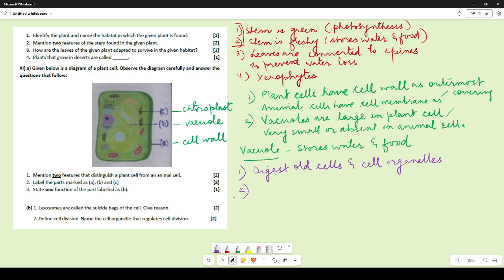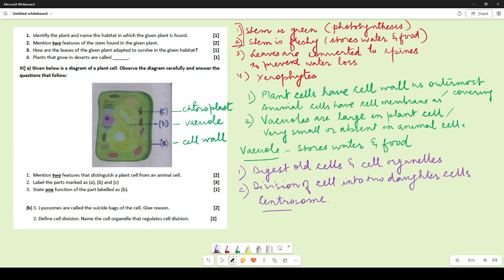Now for the very last question, define cell division. Division of cell into two daughter cells is called cell division. Name the cell organelle that regulates cell division. It is centrosome.